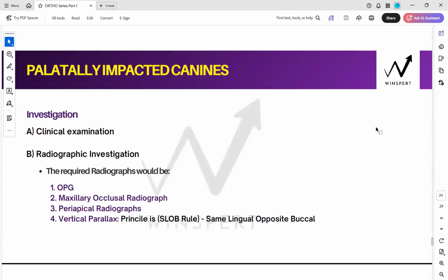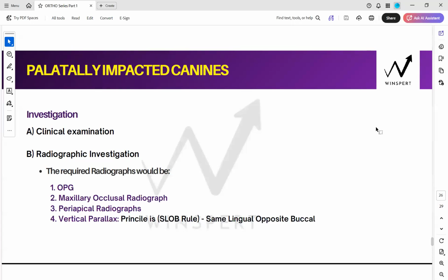So additional radiographic assessment may also be required when you require the root length, the root completion, and the mesiodistal position and the vertical position of the canine, right? It is not about sequencing, Preeti. It's about what investigation you want to prioritize.